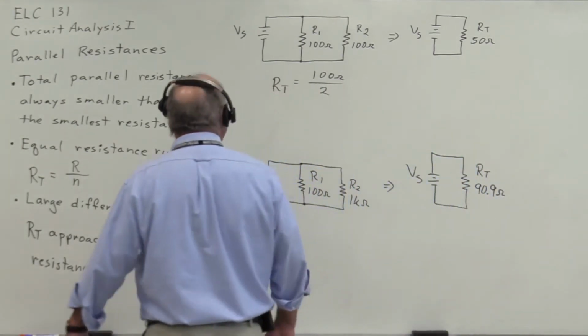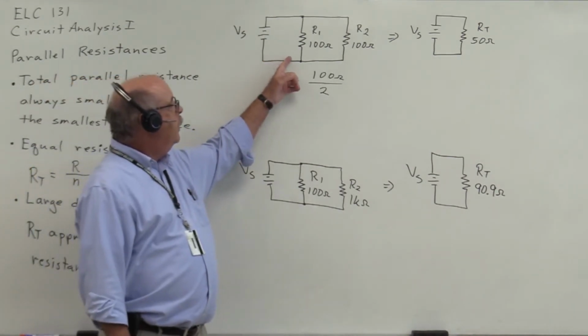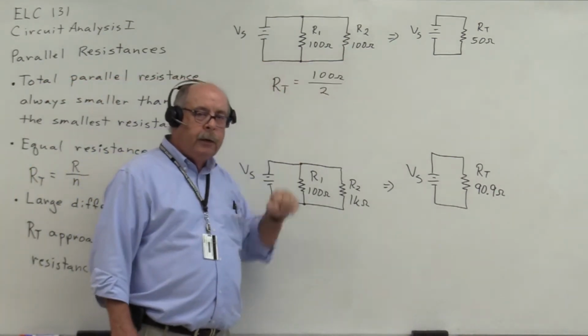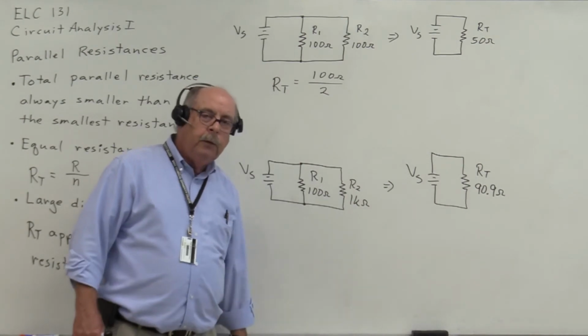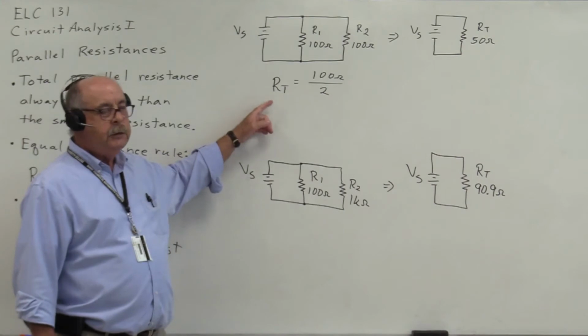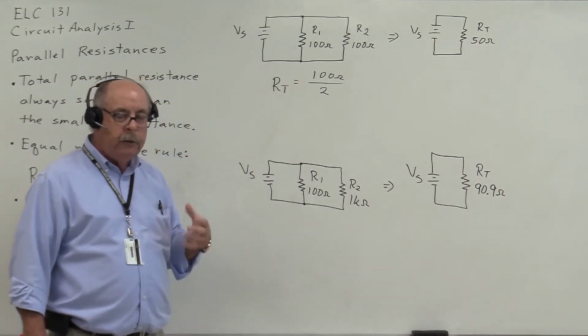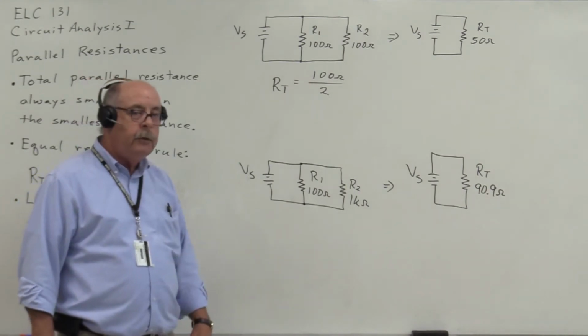For example, we see a circuit here where we have R1 100 ohms connected in parallel with R2 100 ohms, and our rule says that the total resistance equals R divided by N, 100 ohms divided by 2.